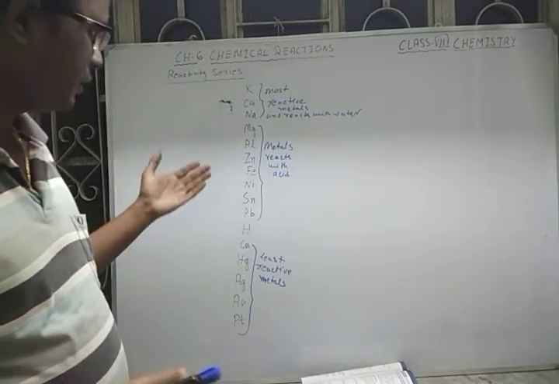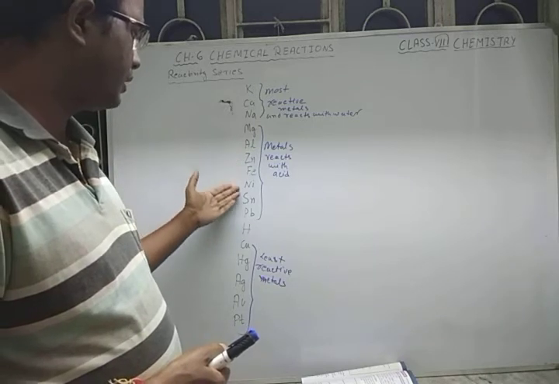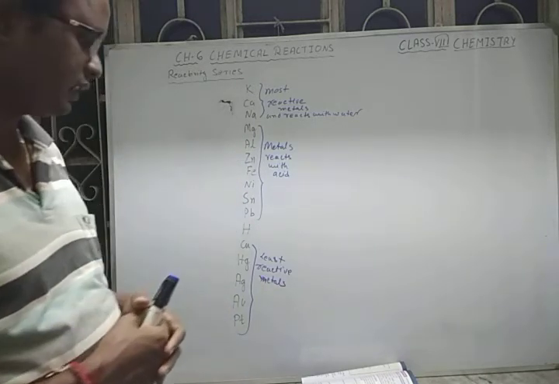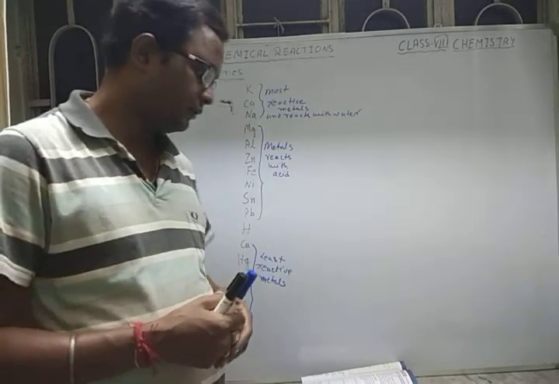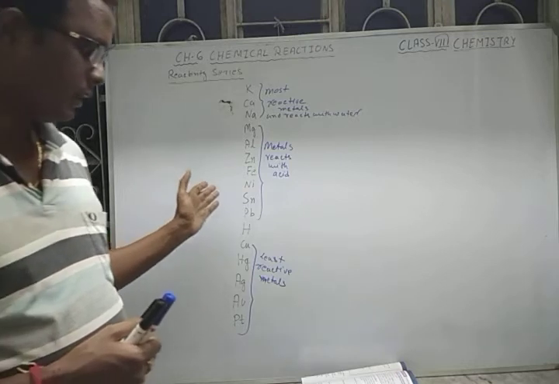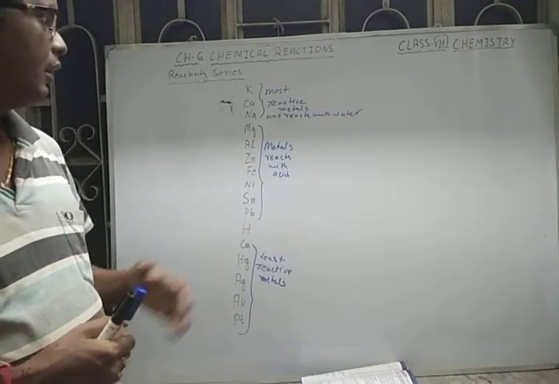After that, magnesium, aluminium, zinc, iron, nickel, tin, lead: these seven elements have reactivity mainly with acids.